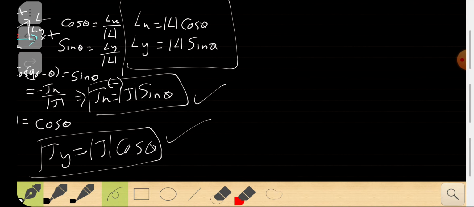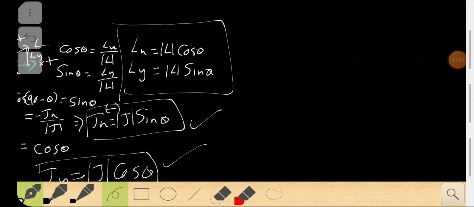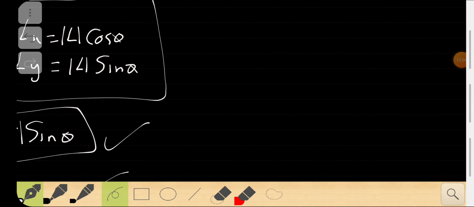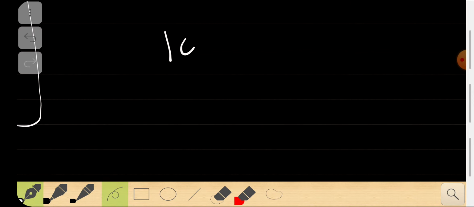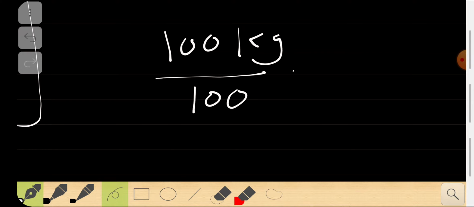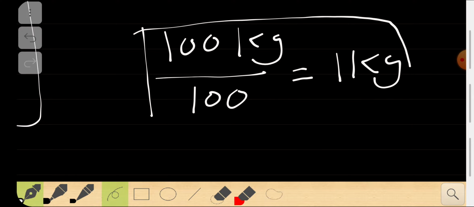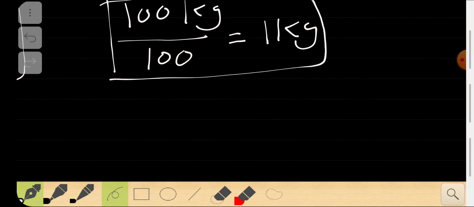Now what I'm going to do is, if I divide 100 kilograms by 100, I'll get 1 kilogram, right? If you divide 100 meters by 100, you get 1 meter.